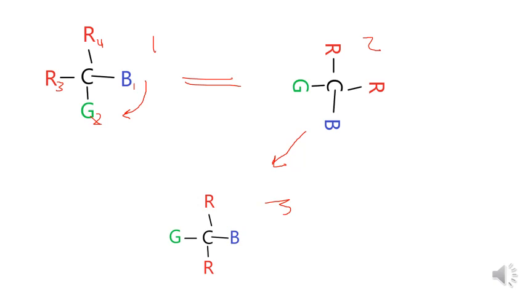So it looks like this structure is not the same as these two up here. It doesn't look like 3 is equal to 2 and 1. But it turns out that it is, because in this scenario, 1 and 2, I simply turned in the plane counterclockwise.